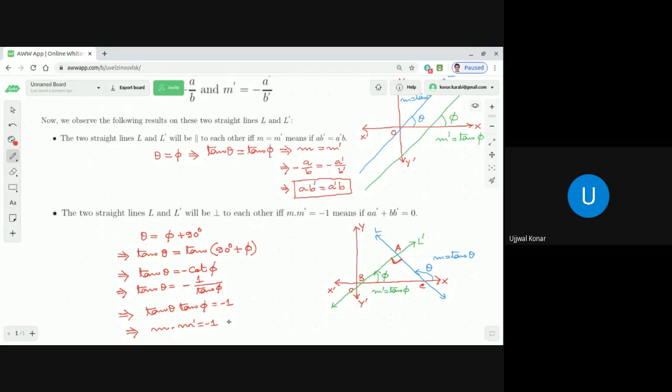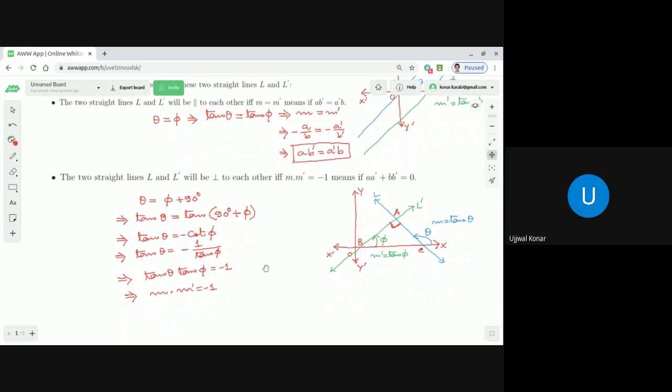Now what is the value of m? We know m is minus a by b. So minus a by b into minus a dash by b dash is equal to minus 1.